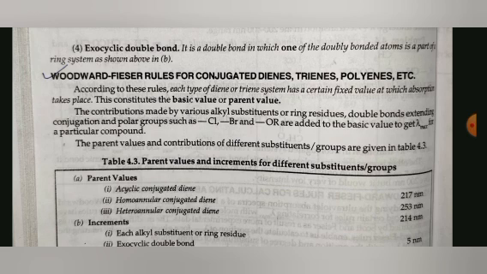Woodward-Fieser rule for conjugated dienes, trienes, polyenes, etc. According to this rule, each type of diene or triene system has a certain fixed value at which absorption takes place. These constitute the basic value or the parent value. The contributions made by various alkyl substituents or ring residues, double bonds, extended conjugation, and polar groups such as chlorine, bromine, and OR are added to the basic value to get lambda max for a particular compound. The parent value and contributions of different substituent groups are given in table 4.3.